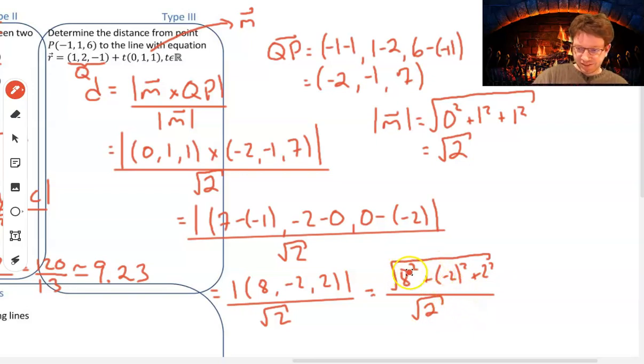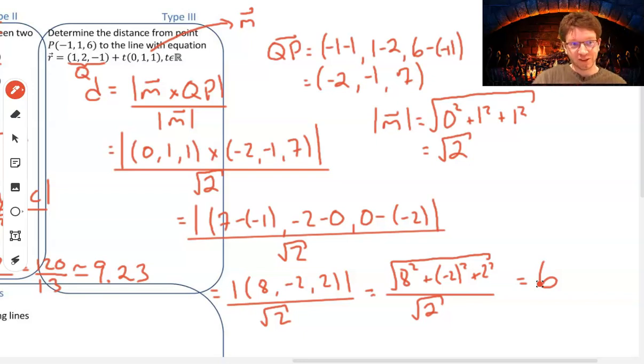Which actually leads to 64 plus another 8, so √72, divided by √2, which is √36, which is just 6. Okay, now that's one way of solving that problem.